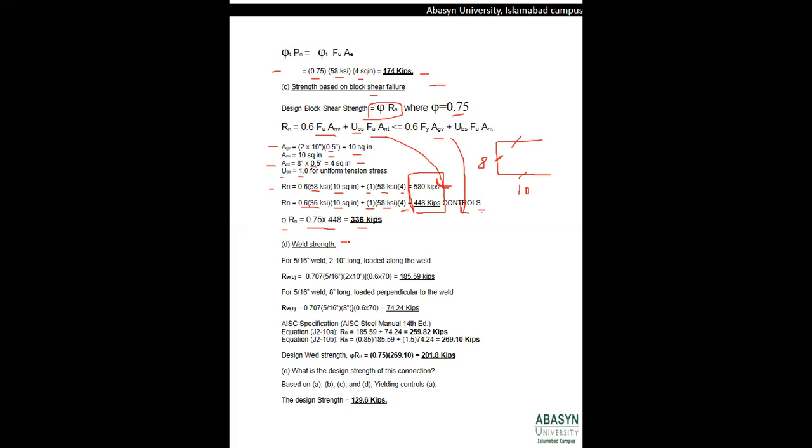For the weld, we are going to follow the same procedure that we adopted in example 2. We have two 10-inch long welds, and the thickness of the weld is 5/16 inches, so we multiply 5/16 by 2 into 10-inch long weld into 0.6 into 70, and it is found to be 185.6 kips.